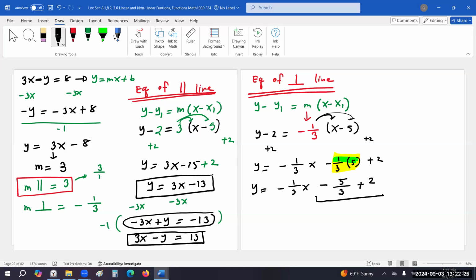But we have to combine these two. One is a whole number and one is a fraction. So you can do it on the side or you can do it together. But how are you going to combine them? We have to have the same denominator in order to combine. Otherwise, we cannot. We only have one denominator, 3, and 2 doesn't have a visible denominator, right?